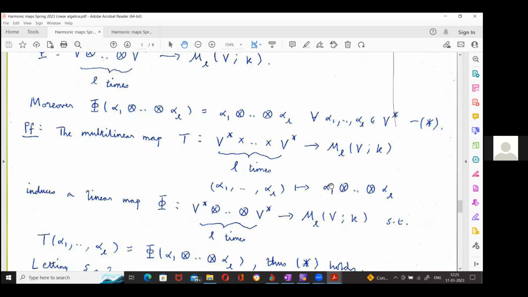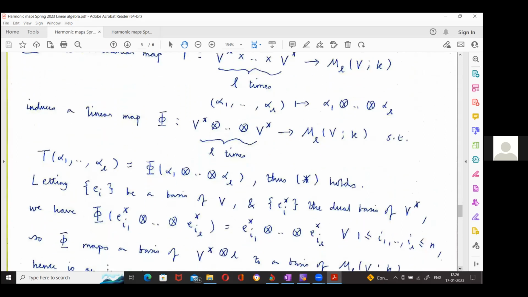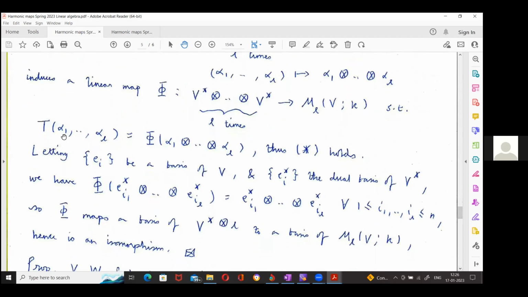Okay. So this map is clearly multilinear, right? And therefore, by the universal property of the tensor product, it induces a linear map phi from the tensor product of V star with itself L times to the space of multilinear functions, such that T of alpha 1 to alpha L, T was this map here, is equal to phi of alpha 1 tensor ... tensor alpha L, right?